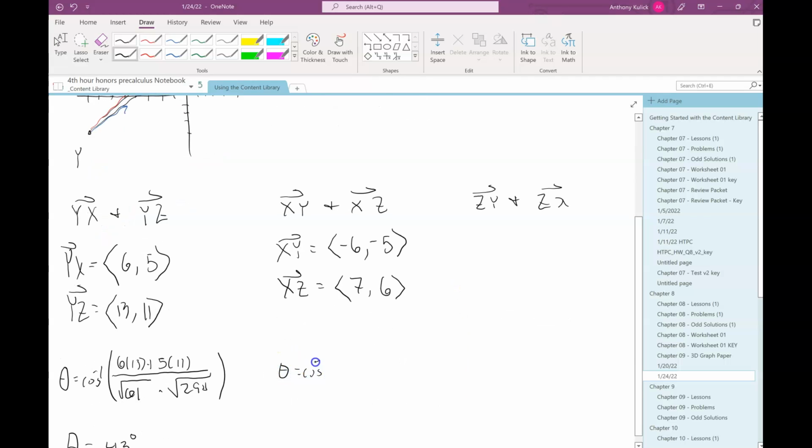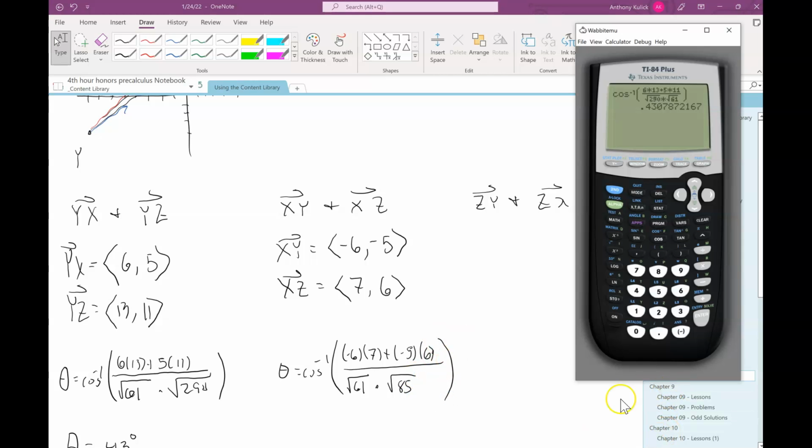So theta is going to be cosine inverse of -6 times 7 plus -5 times 6 over 36 plus 25 is still 61. And then 49 plus 36 is 85.